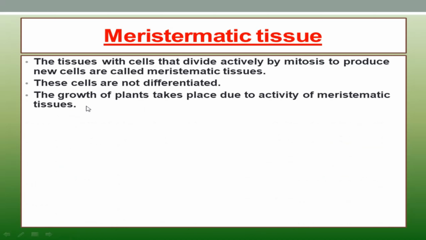Next point. The growth of plants takes place due to the activity of meristematic tissues. We know a plant is a living thing and it has the characteristic of growth. The growth of plants takes place due to the activity of meristematic tissue.